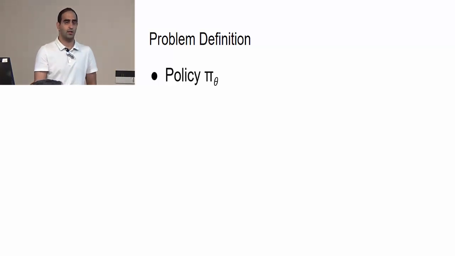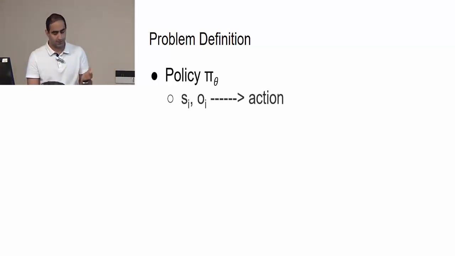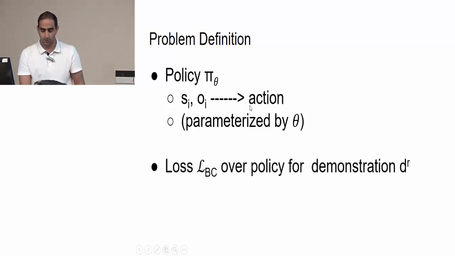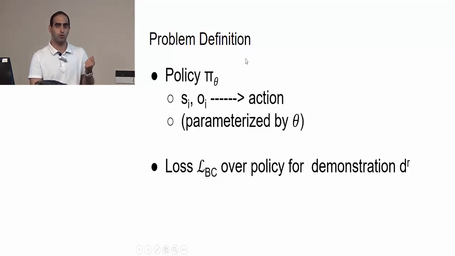Our goal is to learn a policy. What is a policy? A policy pi is a neural network which takes as input the state and observation and tells us what action to perform. The parameter of that neural network is theta. After learning the policy, we want to know how good it is, so we need something to evaluate it.